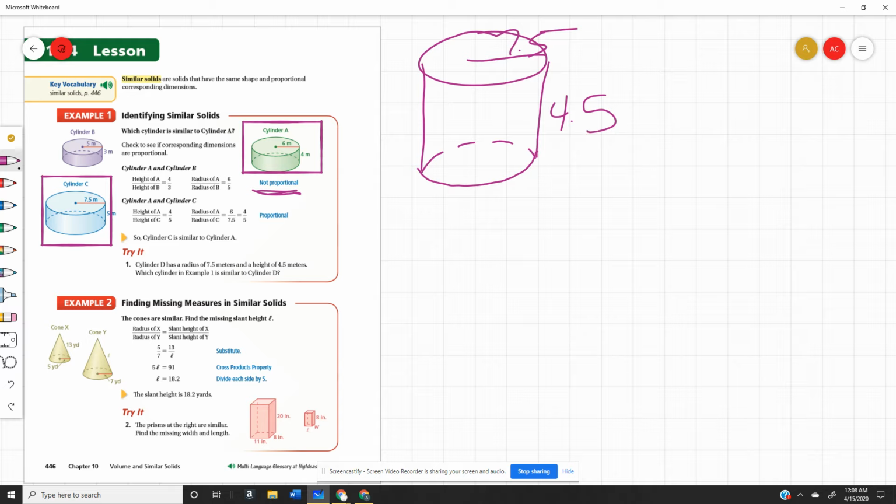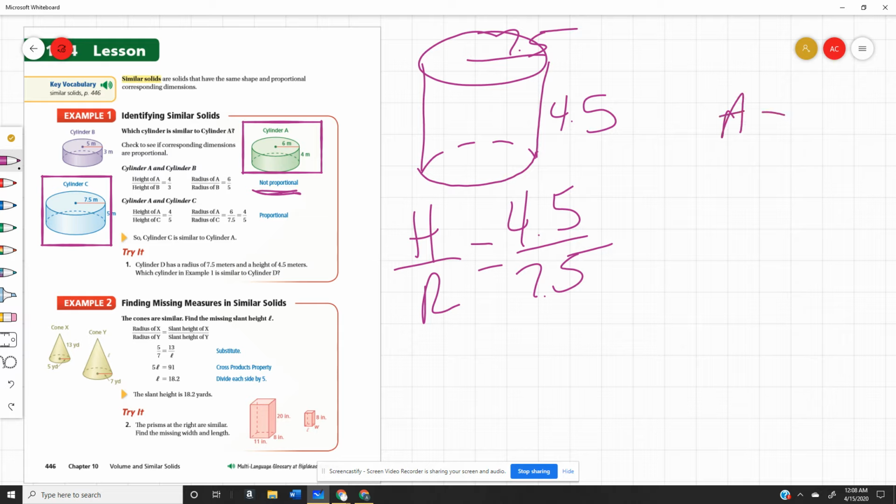It wants to know which example is similar to cylinder D. So if we put our height over our radius, we get 4.5 over 7.5. We have to figure out which one this reduces down to. So we know that A is 4 over 6, B is 3 over 5, and C is the same 4 over 6.